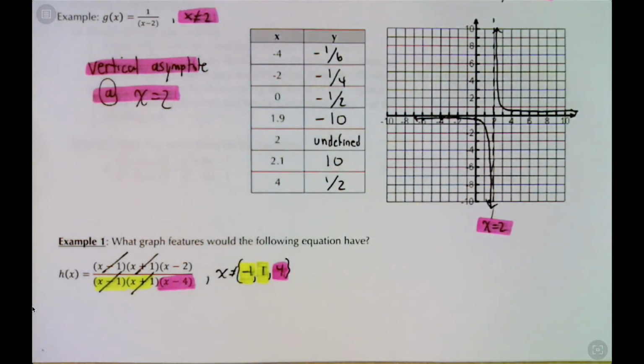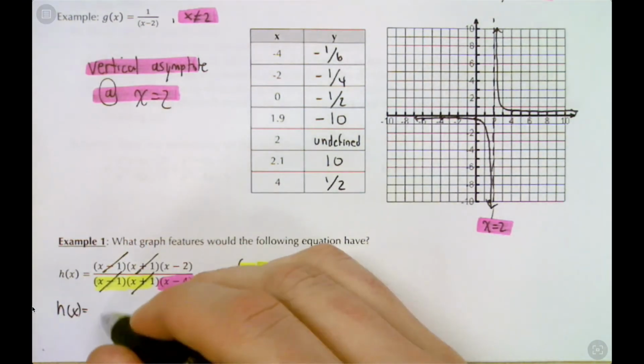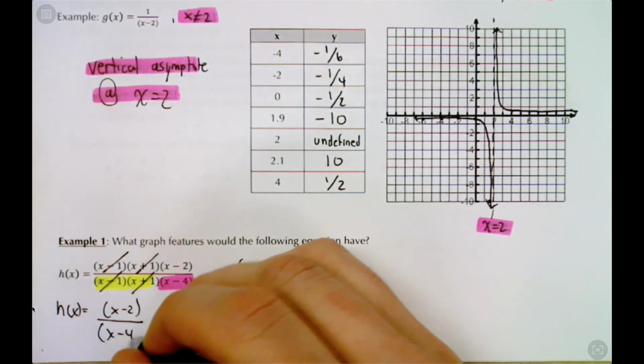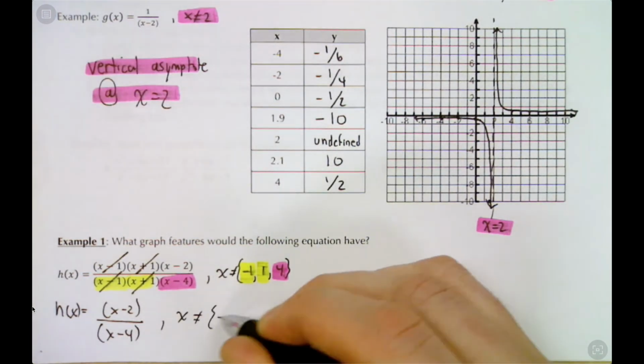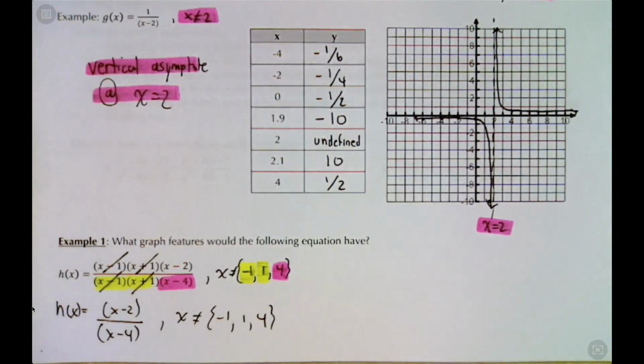So that should tip us off as to what type of restriction we have. If we simplify this equation, we end up with x minus 2 on top, x minus 4 on the bottom, with our restrictions -1, 1, and 4.